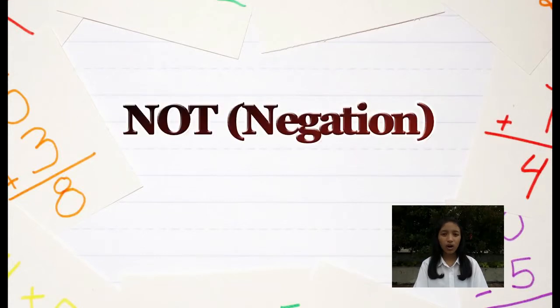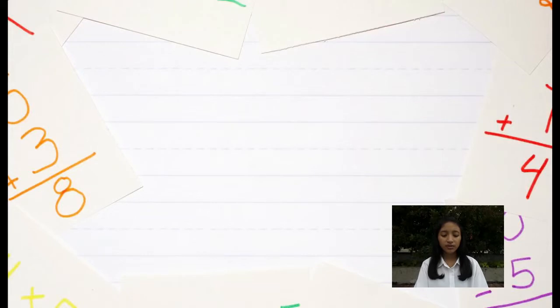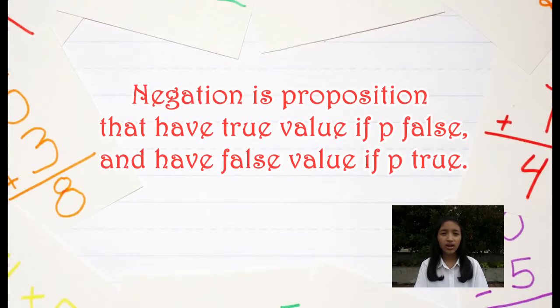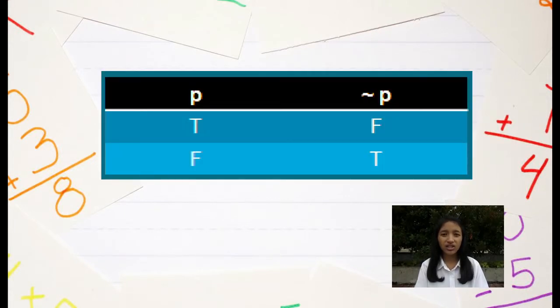Not, or negation. Negation is a proposition that has true value if P is false, and has false value if P is true. And the truth table of negation is like this.